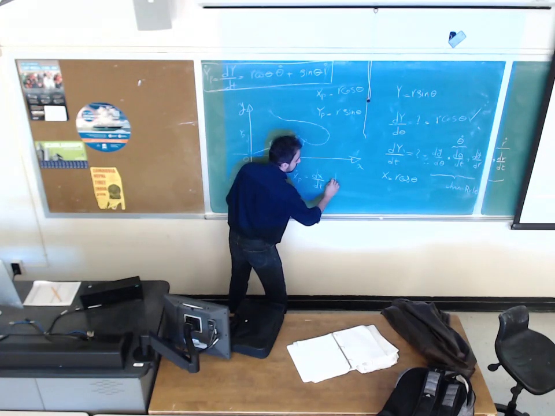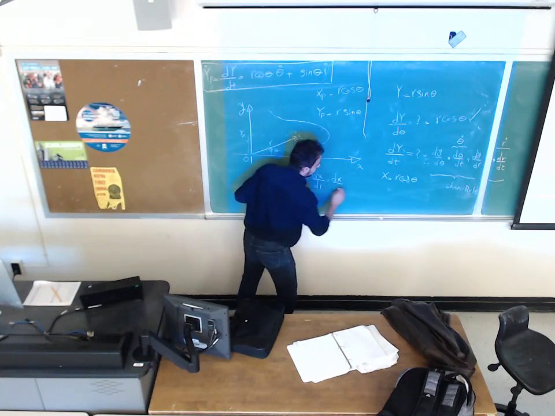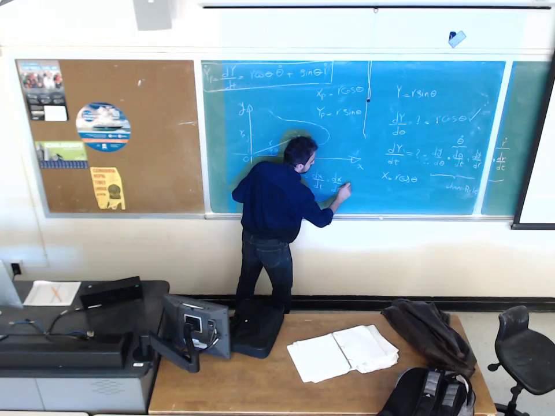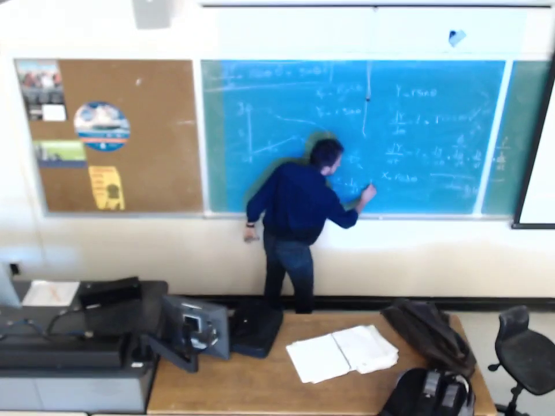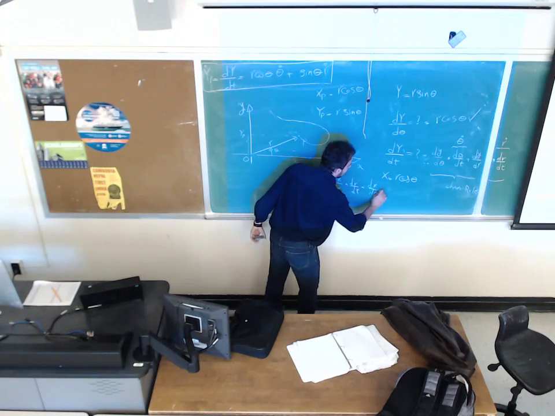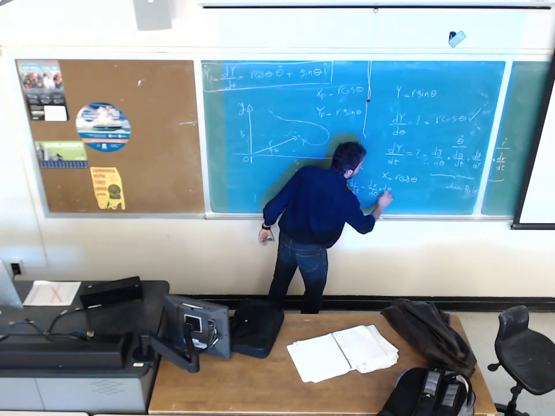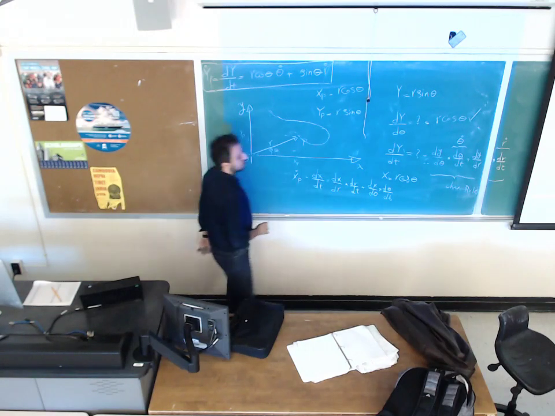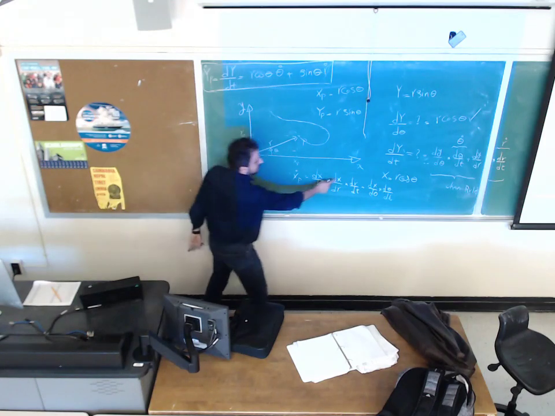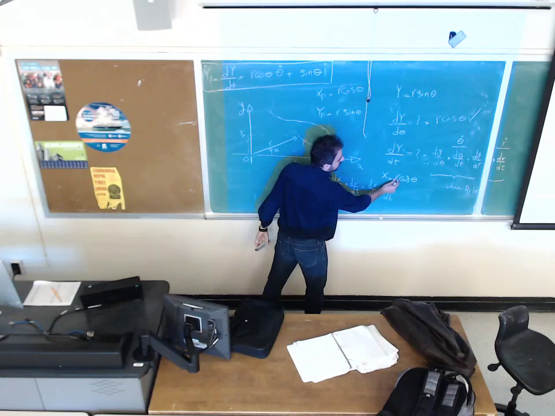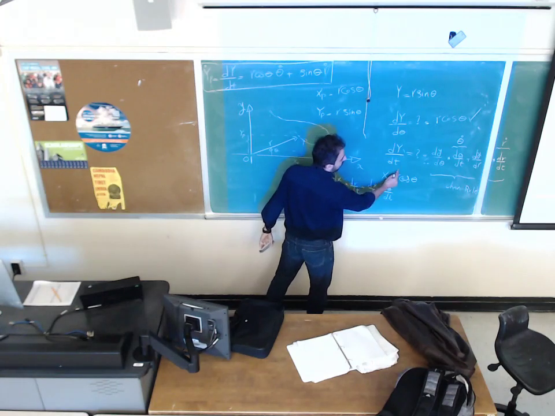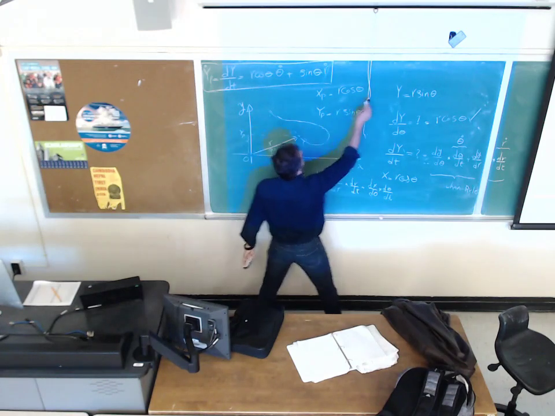Dx over dt is going to be dx over dr times dr over dt plus dx over d theta times d theta over dt. Chain rule, one more time. The derivative of x with respect to r: I have r, and the derivative of this with respect to r would be 1 times cosine of theta.